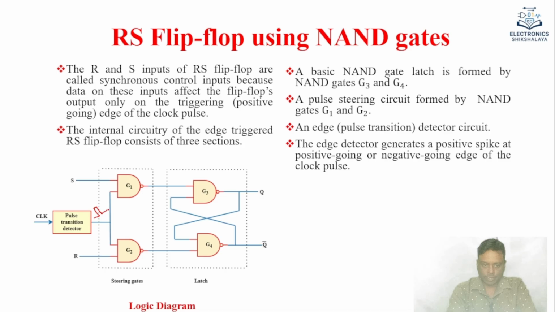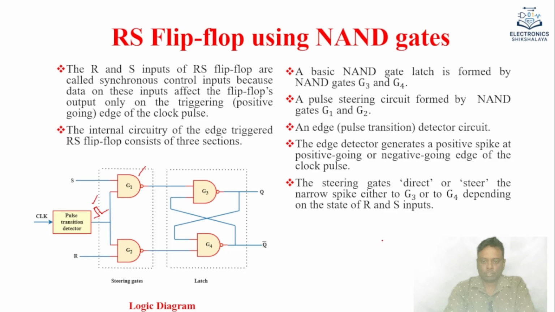Either way, it will generate a positive spike, and that passes through the steering gates.